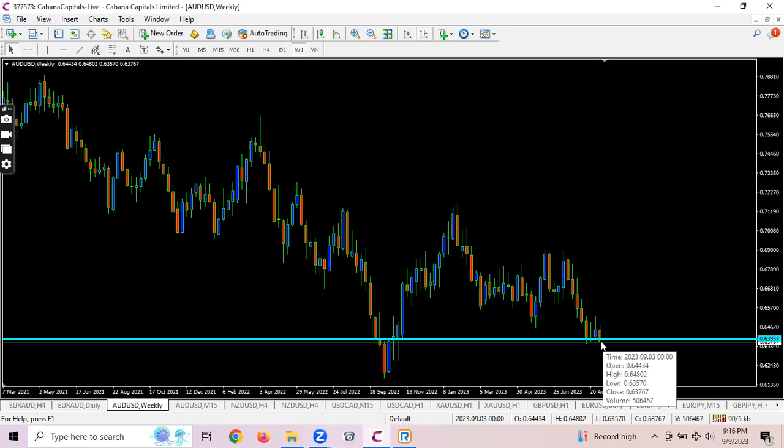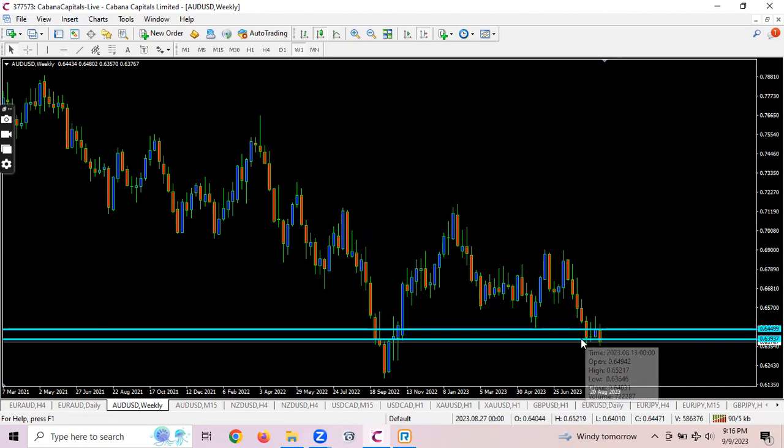Now, after the close of this bearish candle, we had a resistance. The fact that the candle closed below this support indicates that we have more sellers than buyers.